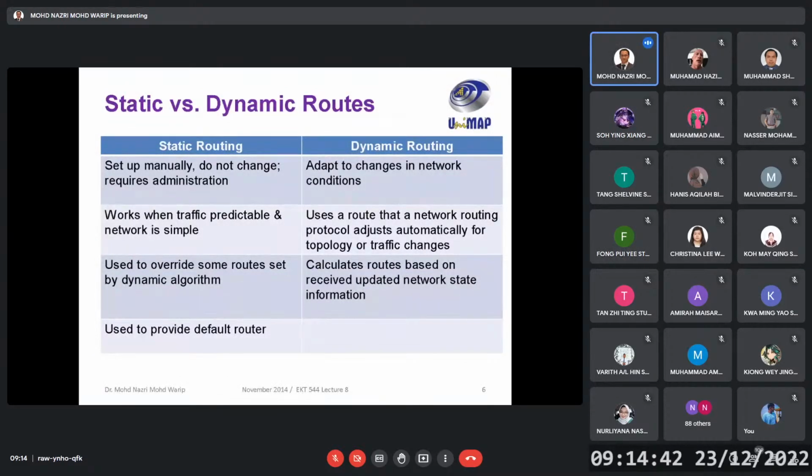You want to be sure the route goes to you. You just configure, for example, 103.4.5.6, and then the default route is 0.0.0.0. You configure like that, and that means all routes will go to the default.